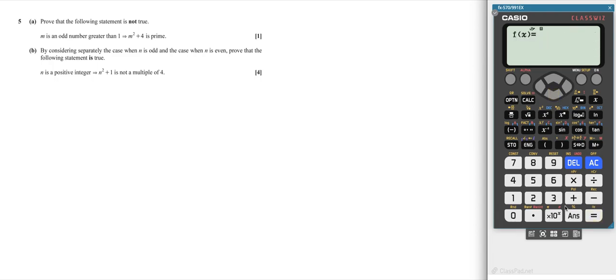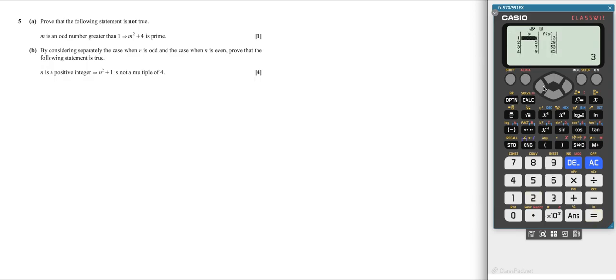So I've got a regular pattern that I want to check. I'm going to have x squared plus 4. I don't want a second function. I'm going to start at an odd number greater than 1, so that would be 3. I'm going to end, let's say, at 25, because they're not going to make you do too many of them. And we're going to go up at 2, because I only want the odd numbers.